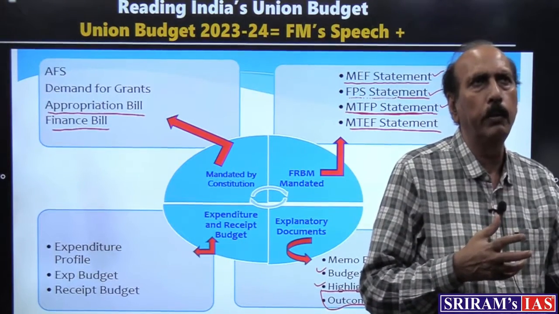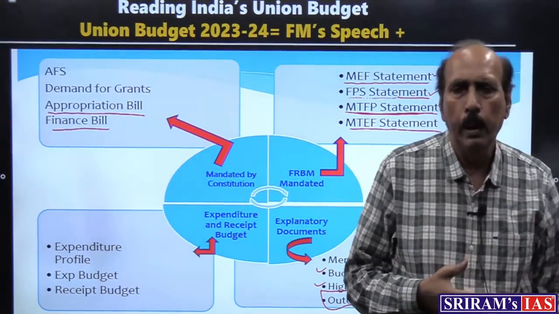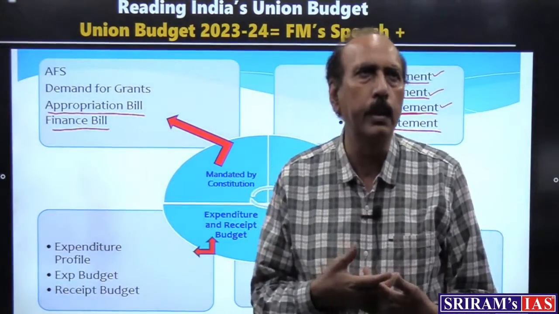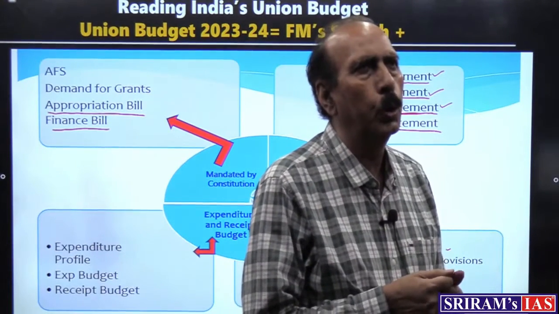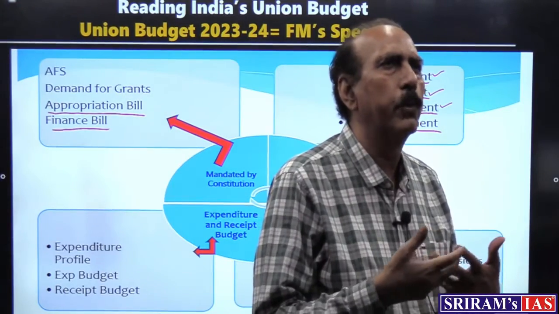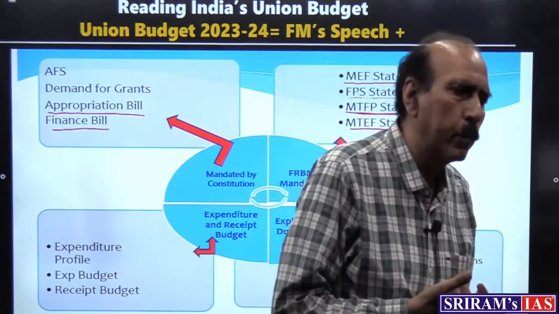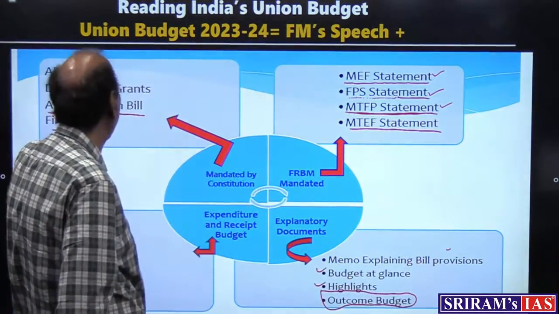When the budget is to be approved, the members of parliament have to consider the recommendations of the standing committees and give their vote on them. Once they are approved, the demand for grants is approved. The demand for grants summary is presented in this document, the demand for grants.